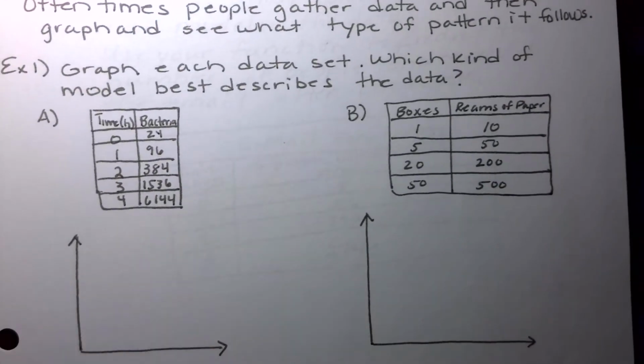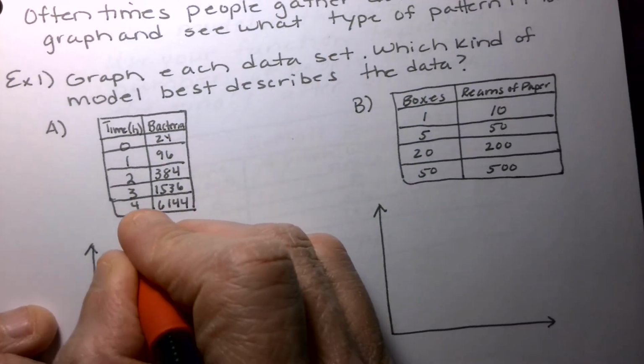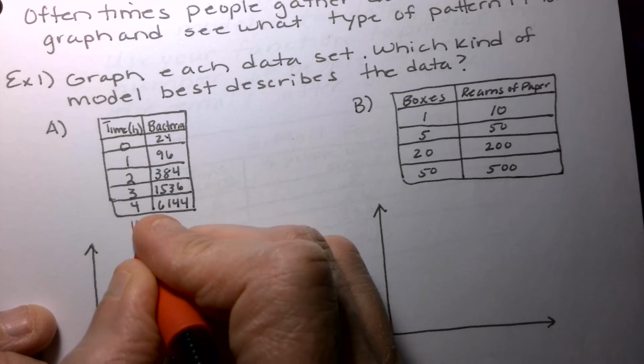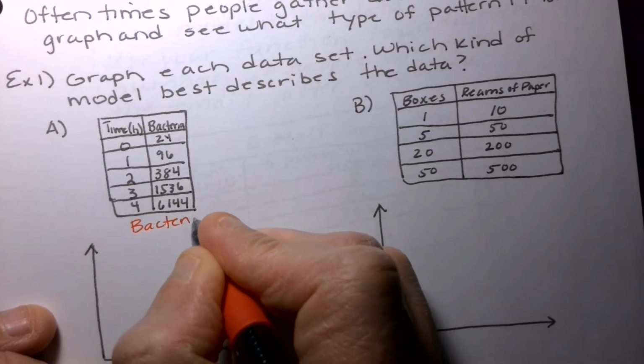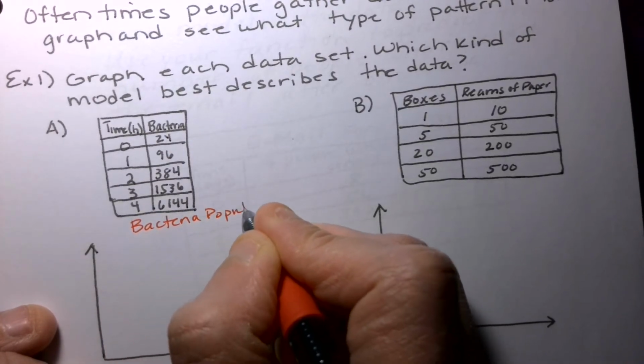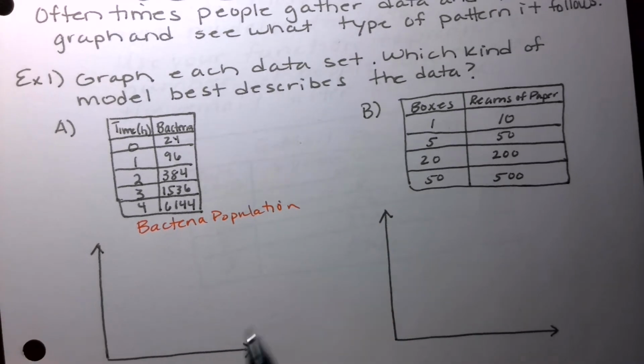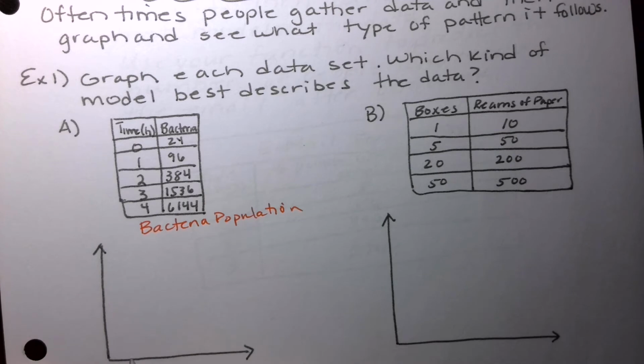So when you take this and it says graph each data set, which kind of model best describes the data, it's both positive. I have the squeakiest chair in town here. So we have the bacteria here, population. And the time in hours down here. And there's a 4 hours, so I'm going to split this up into 4s.